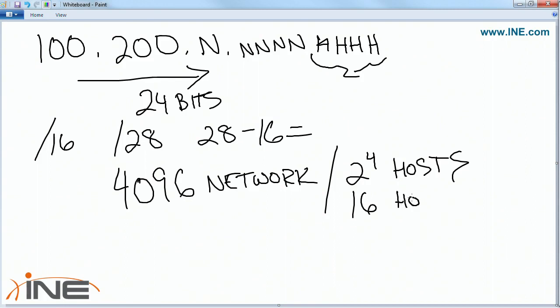So 16 hosts per network with 4,096 possible networks, or 4,096 possible subnets. Now remember that on each of these subnets, we're always going to lose 2 of the addresses, because one has to be for the network itself, and one of them has to be for the subnet broadcast, or the directed broadcast. So in reality, I only have 14 usable hosts.